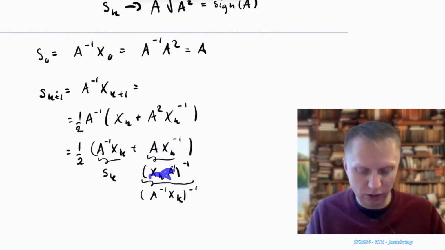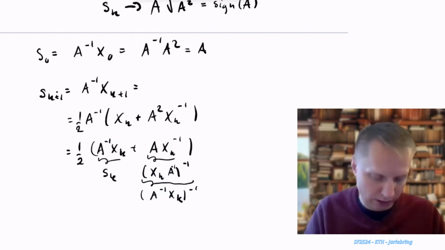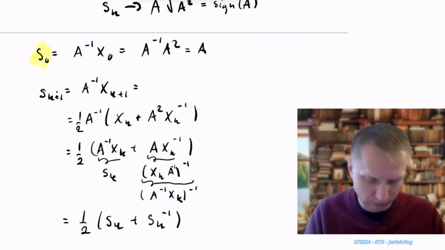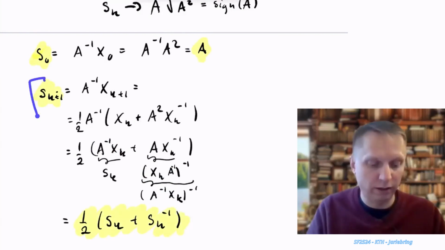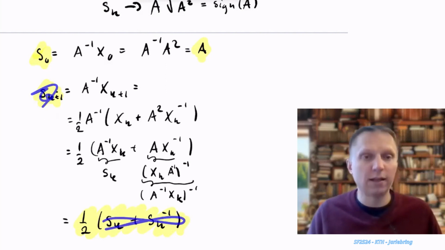That means we have to change the order of A and X. But since A inverse and X commute, we can change the order here, and this is S_k. So we now obtain a formula only involving S_k and not involving X.